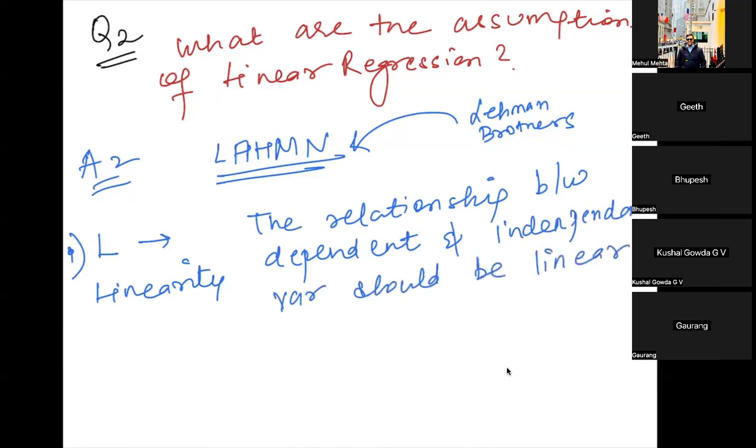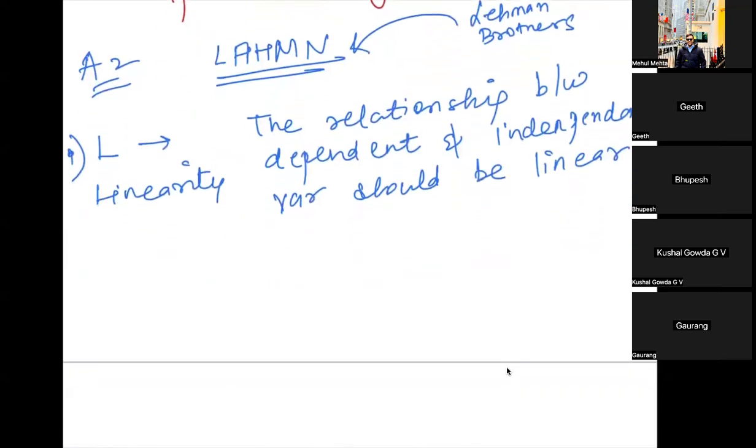If the relationship is linear, that's when you use linear regression. If the relationship is not linear, then you will use a non-linear regression model. So the first assumption is that the relationship between the dependent and the independent variable should be linear. Second assumption, A. A stands for autocorrelation.